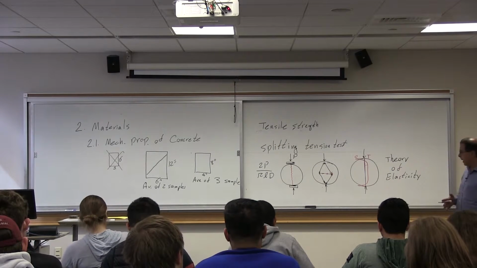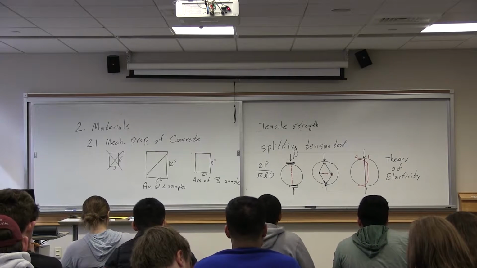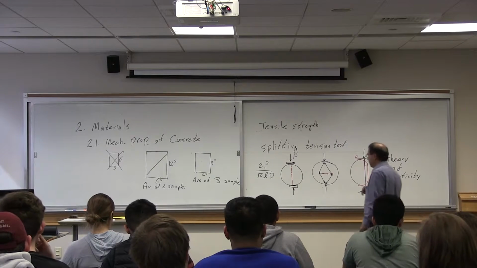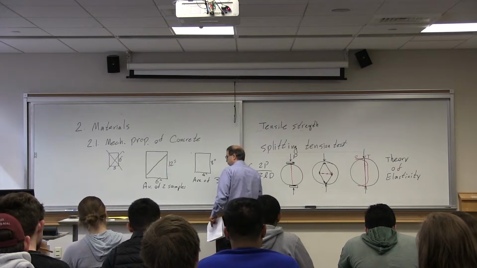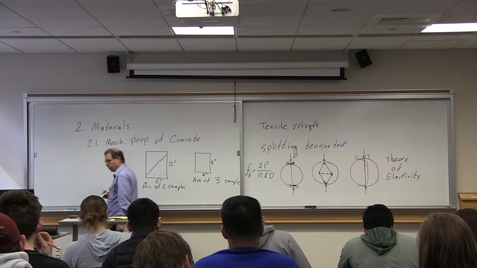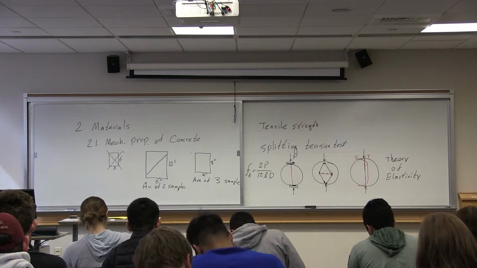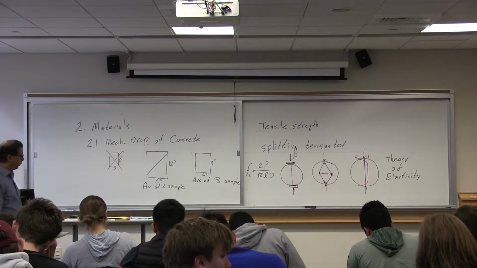L is the length of the cylinder, D is the diameter of the cylinder. If you do this calculation, you find the tensile strength of concrete. This really again comes from the theory of elasticity.